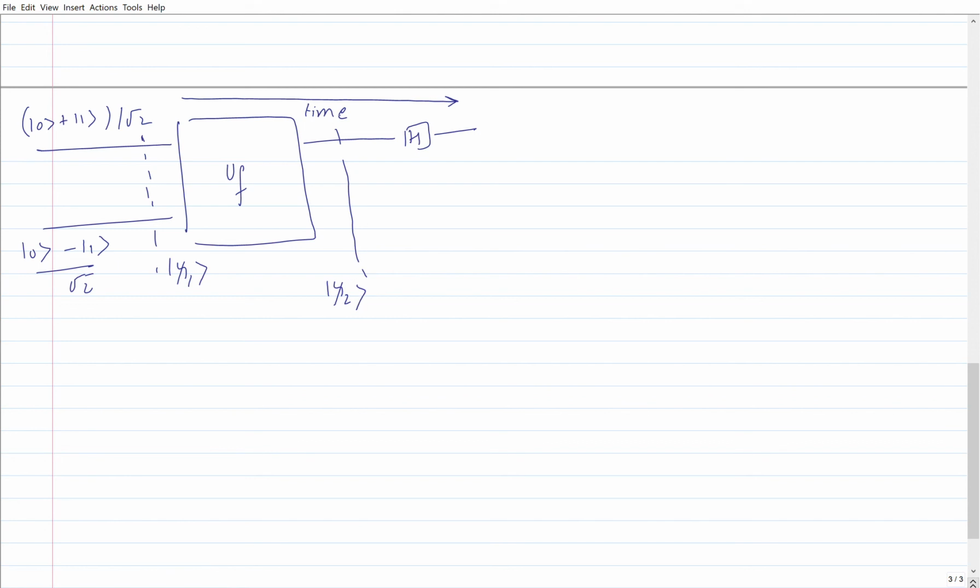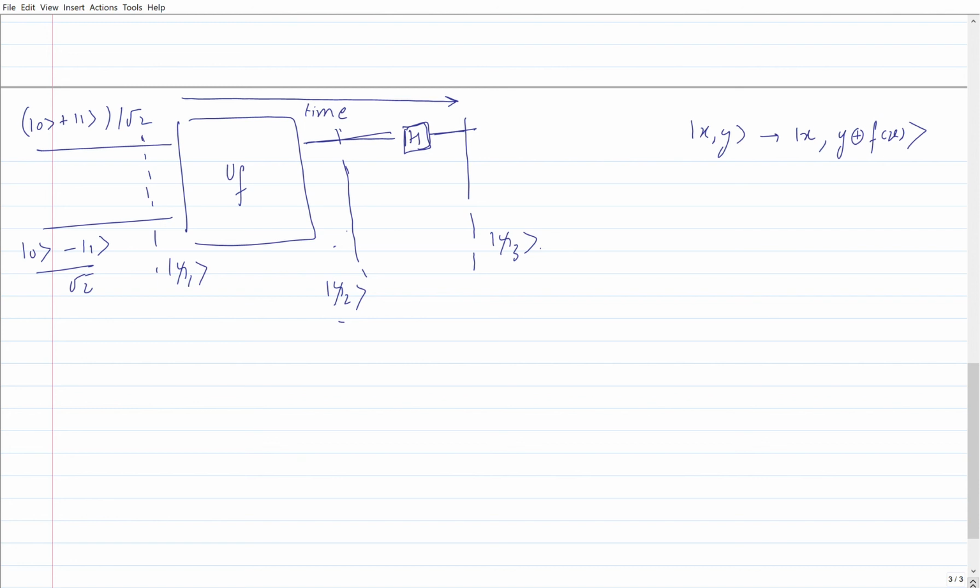Let me say that at this time, this is the state psi2 after coming out of the unitary gate, and this is my psi3 after I apply the Hadamard operator to the upper wire or the upper qubit. And again, U of f is evaluating nothing but this guy.